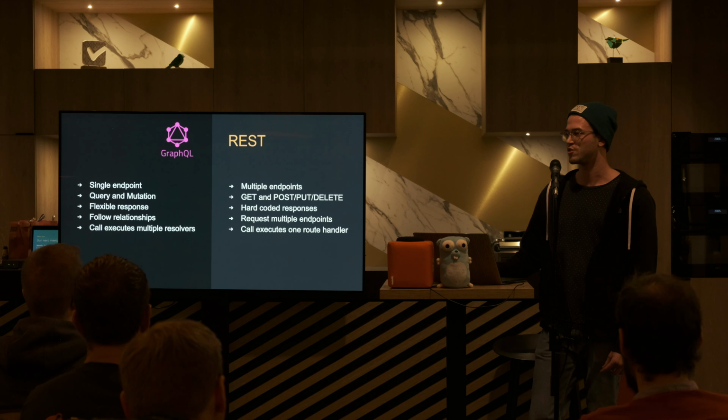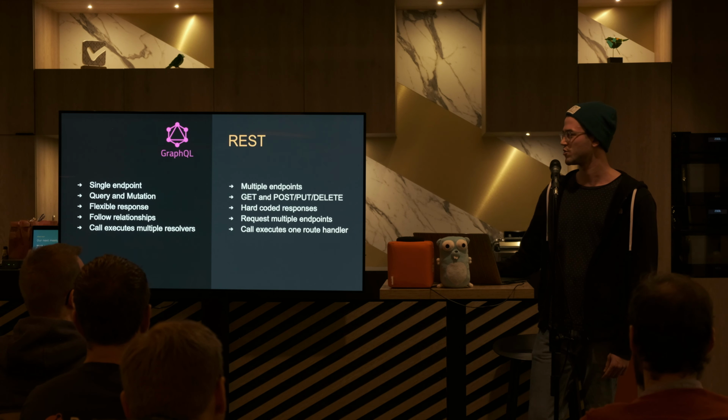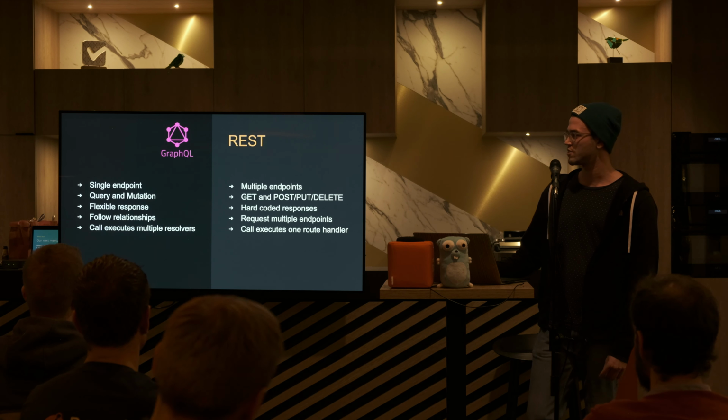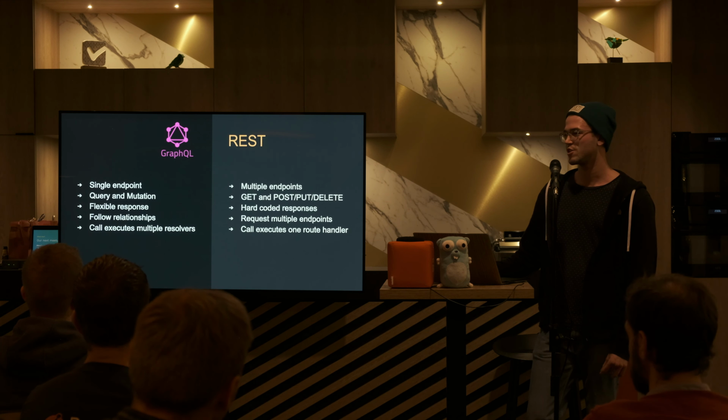And you can follow relationships, so in the case of the post, you can already get all the comments on a post in one call, where in REST you would have to do multiple calls to endpoints, or make one big endpoint which returns all the data that you want. And in GraphQL, each query is most of the time executed in multiple resolvers, one for each field and model, whereas in REST you have one route handler which defines what you get back.